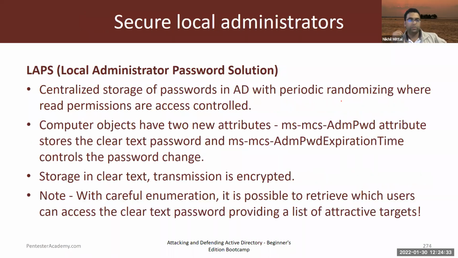Then you may also like to use LAPS, the local administrator password solution. Even in 2022, a lot of organizations suffer with this problem: they use local administrators, and the local administrator passwords are the same or similar for all the workstations.